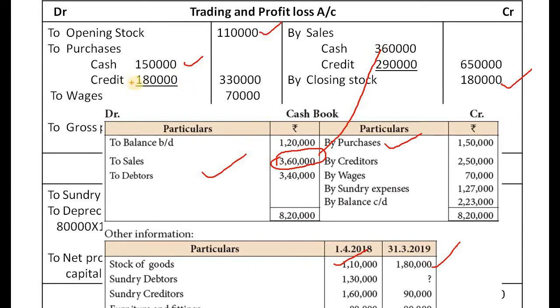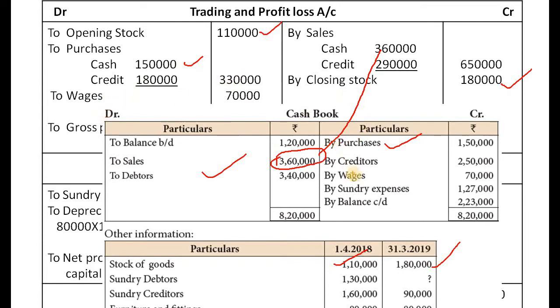And the information regarding the credit purchases and credit sales is given in the problem itself. If we have some purchase returns or sales returns, we have to deduct that return amount and enter the net amount in the column.